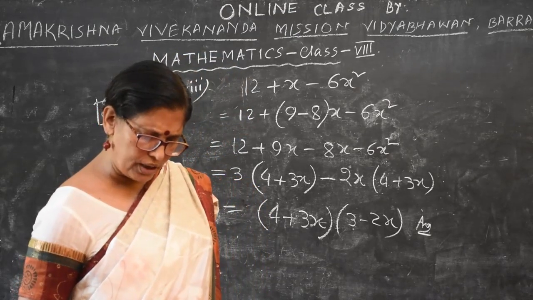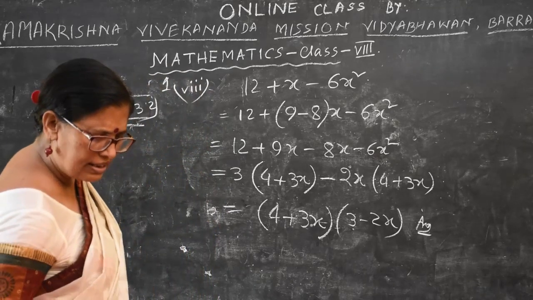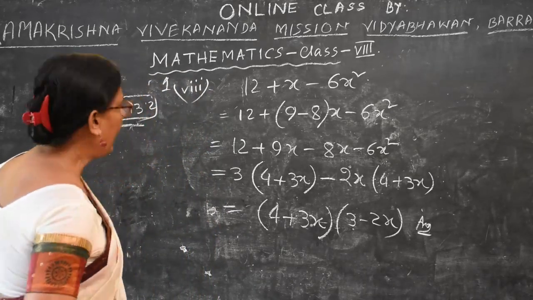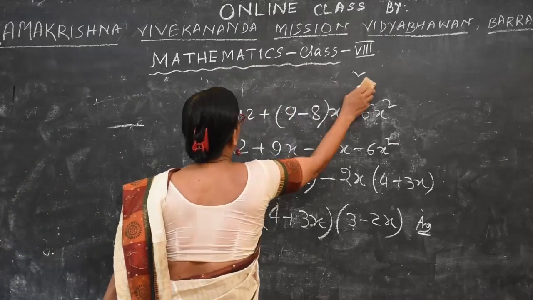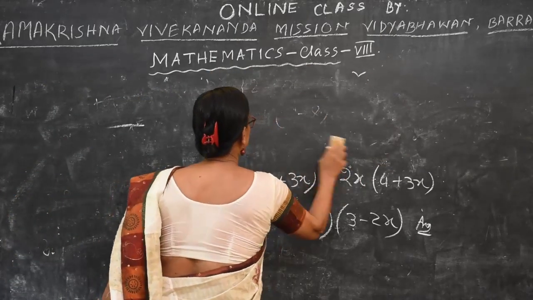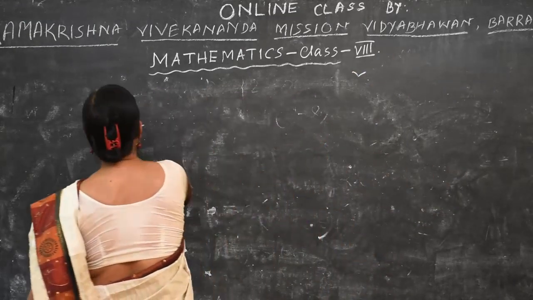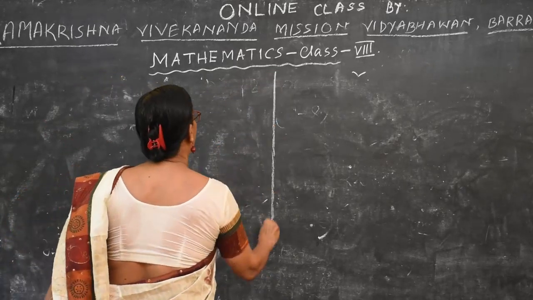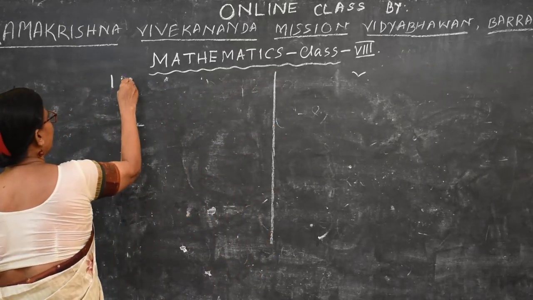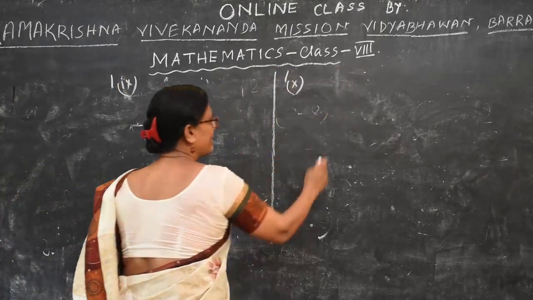Now we go for another one, that is the ones 9. Ones 9 and ones 10, both we start at the same time. Say, we demarcate a line, it is the ones 9, it is the ones 10. See, these two are the same.